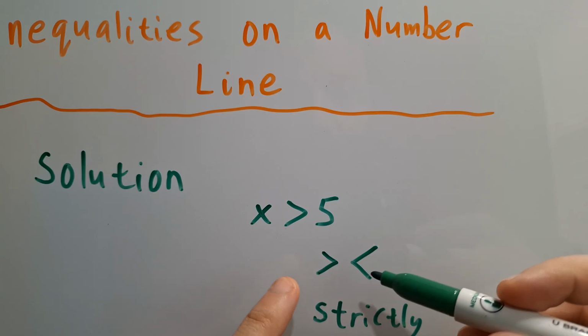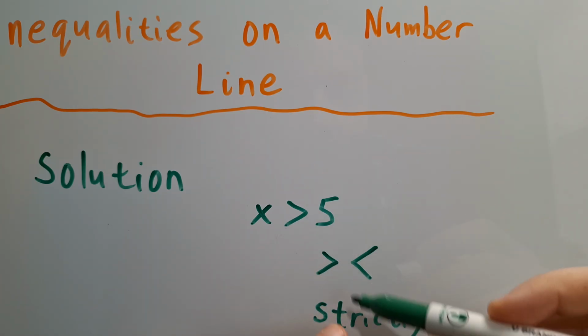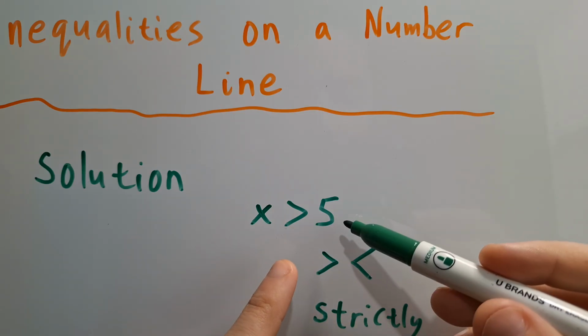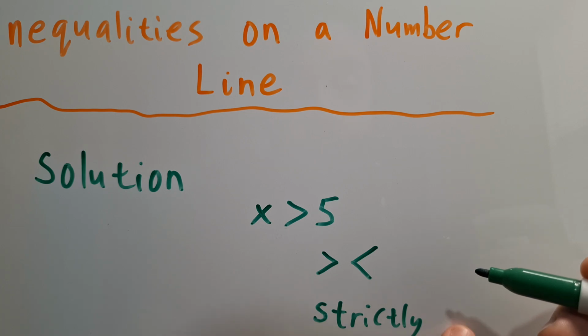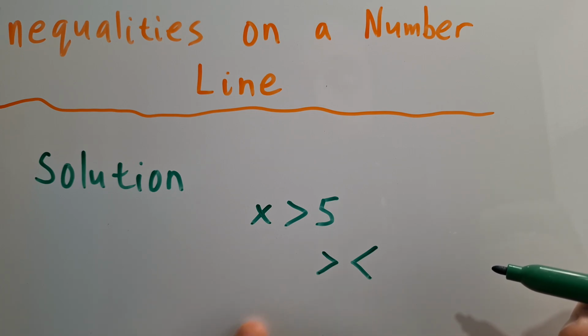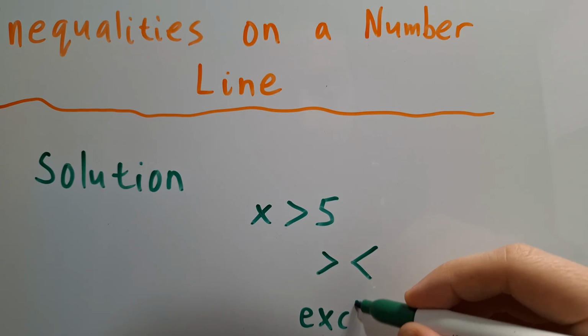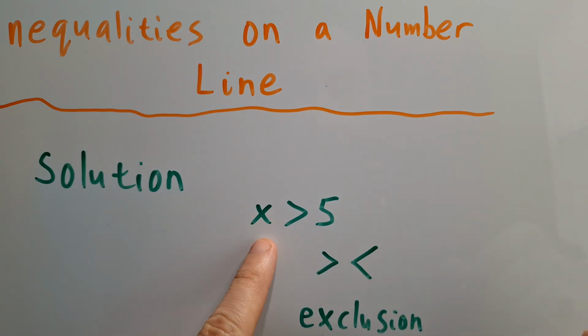That's a restriction on the inequality because we say greater than or less than. It's strictly greater than or strictly less than whatever number we're dealing with, not including that number. Or what we can also refer to as exclusion. We are excluding that value from the solution to this inequality.